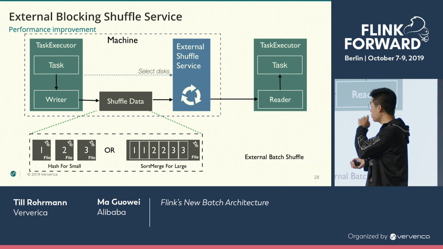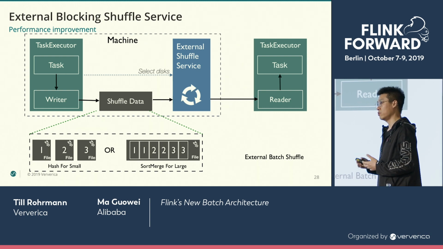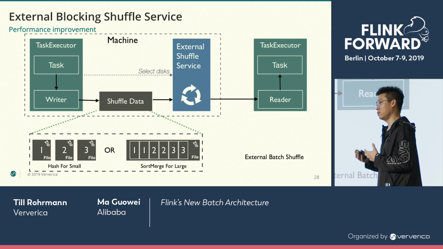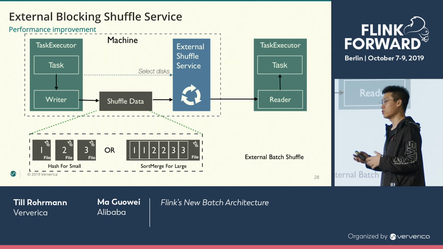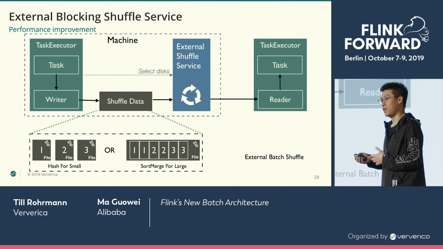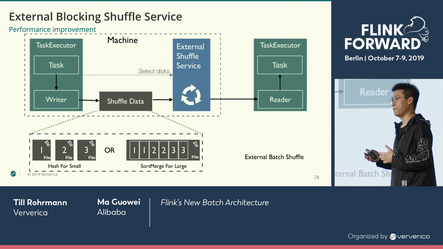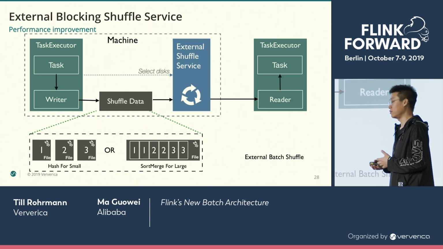So we introduced the sort merge shuffle, and the pros of the sort merge shuffle is clear: it will generate much fewer files than the hash shuffle, and the I/O operations are sequential ones.